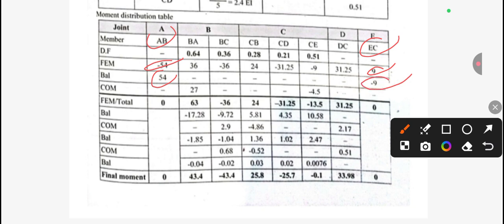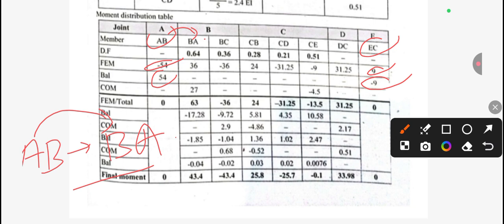For the carry over moment we need to transfer half of this to the respective neighbor. So half of 54 will be how much? 27, which will be transferred from A to B, that is B to A. By the opposite letter you can also transfer. This is AB, so the opposite of this will be BA. So during the carry over we transfer half of this like this.